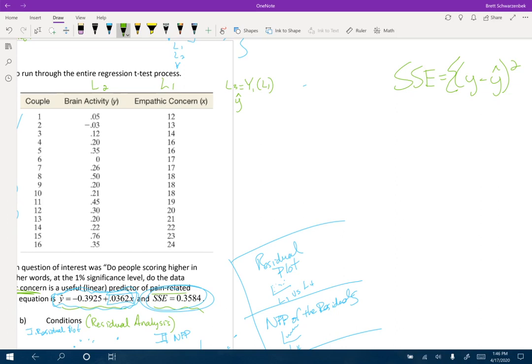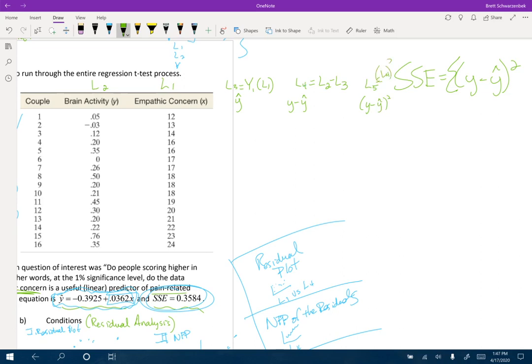Then we would have these, which are just the residuals. So we would go right back and say this is our y minus y hat, which is going to be L2 minus L3. And then we would have an L5 column that would just be y minus y hat squared, which is equal to L4 squared.